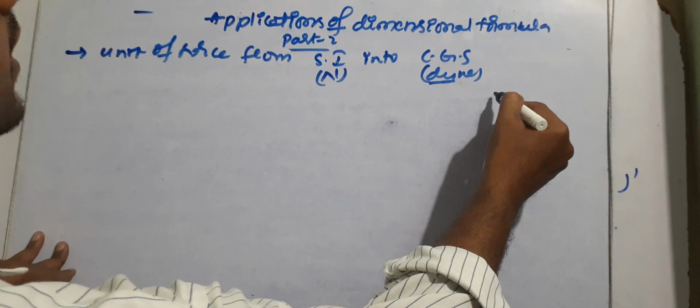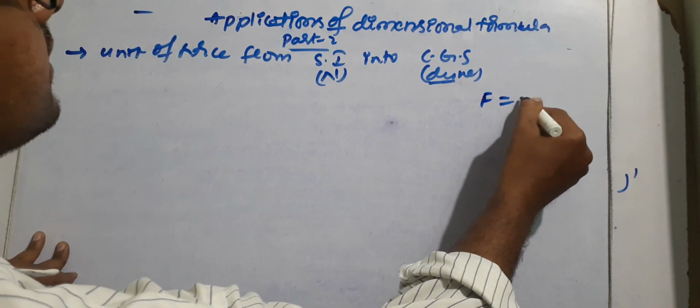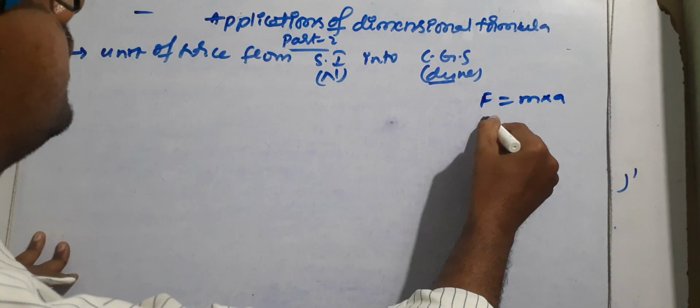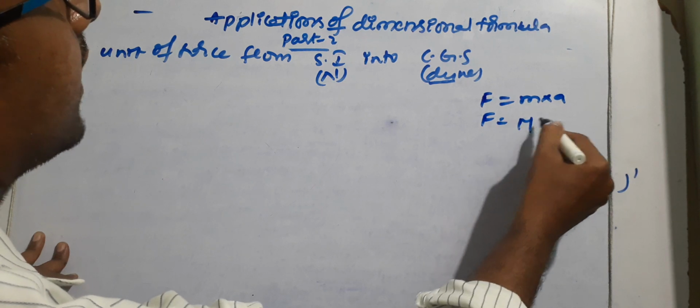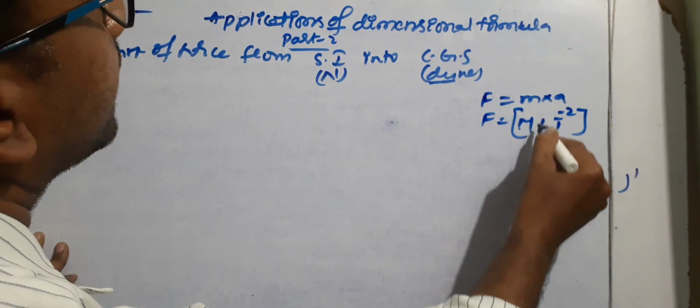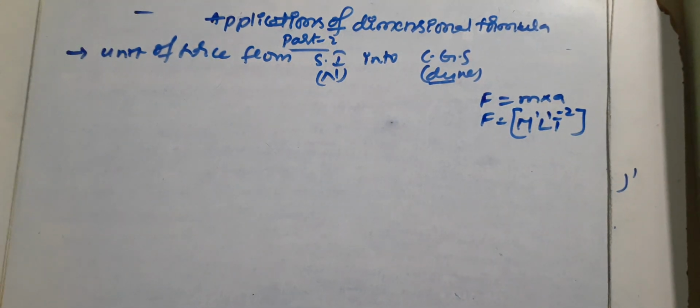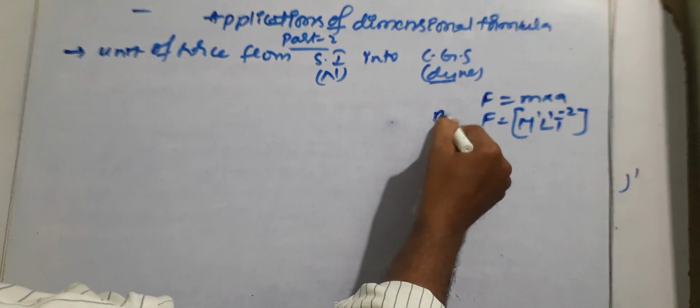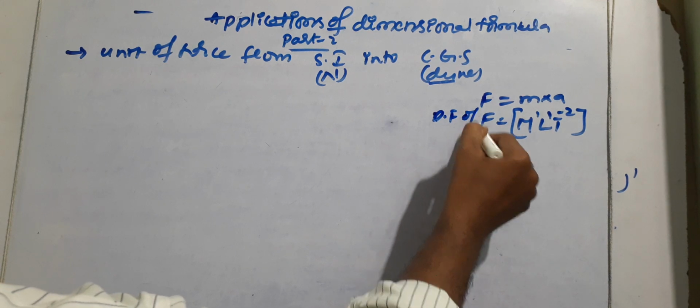The dimensional formula for force F: we know the formula is mass into acceleration, so M L T power minus 2, that is M power 1, L power 1, T power minus 2. It is the dimensional formula of force.